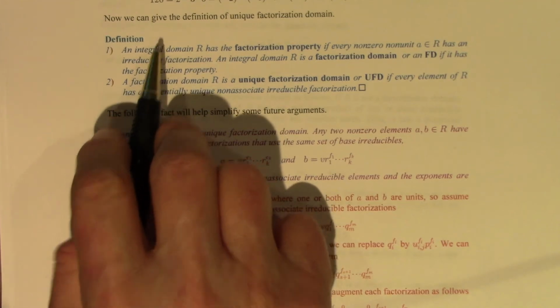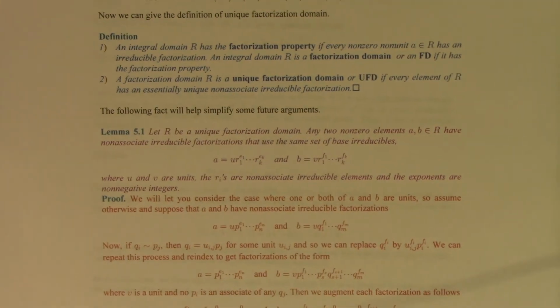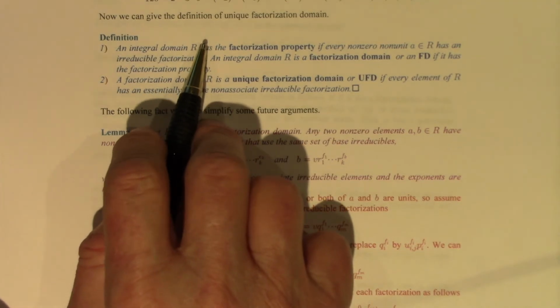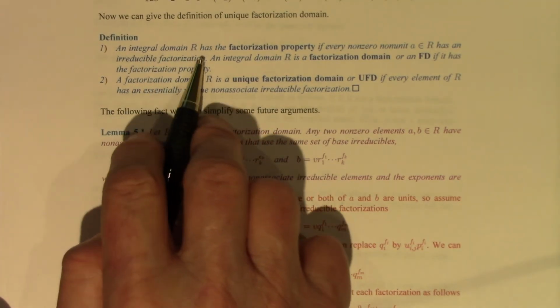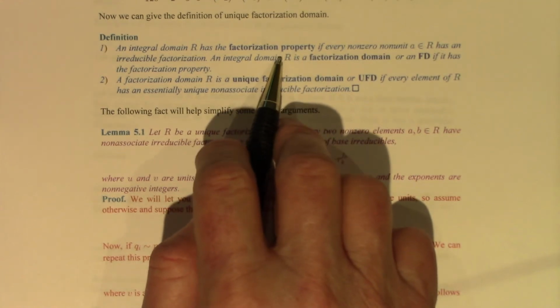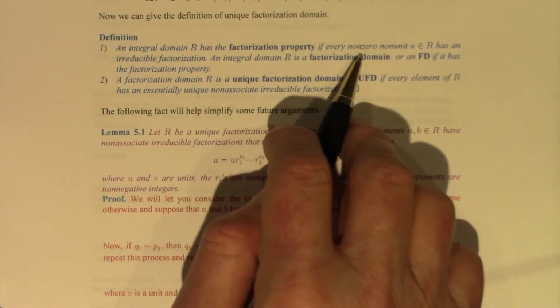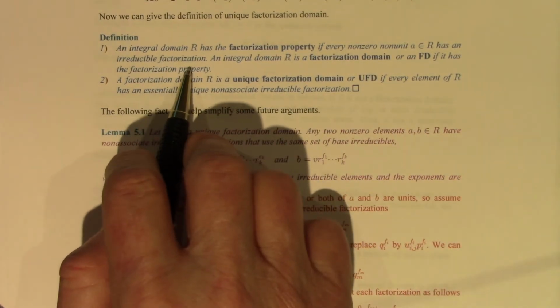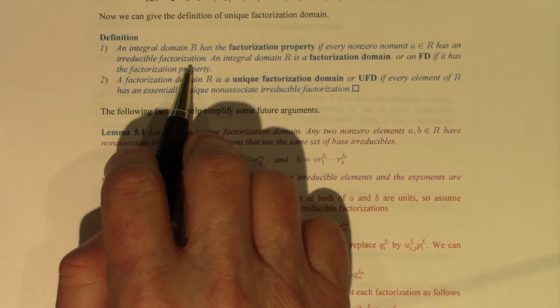Now, with this terminology out of the way, I know it's a little cumbersome, but I think that's necessary terminology. We can define unique factorization domain. An integral domain R has the factorization property if every non-zero non-unit has an irreducible factorization. We've seen, I'll mention this again later, that there are integral domains where there are no irreducible elements, so there can't very well be any irreducible factorizations.